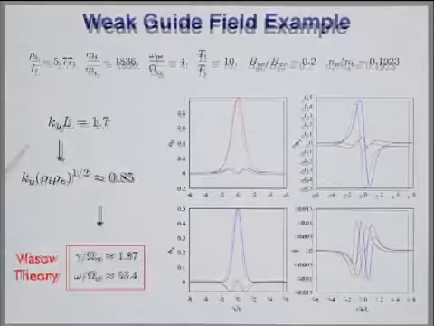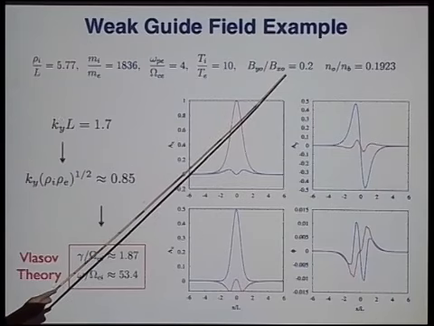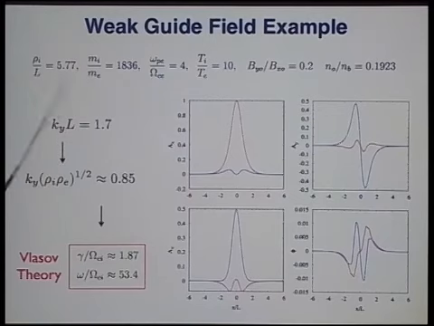Here's an example for weak guide field that I just did for you, Lynn, a few months ago. They were trying to do gyrokinetic simulations of this. The guide field here is 0.2. It's hydrogen mass ratio. She told me what range of wavelengths to look for, and I pulled off a mode that was, again, right in this characteristic scale, and made a prediction for the growth rate and the real frequency for this mode.